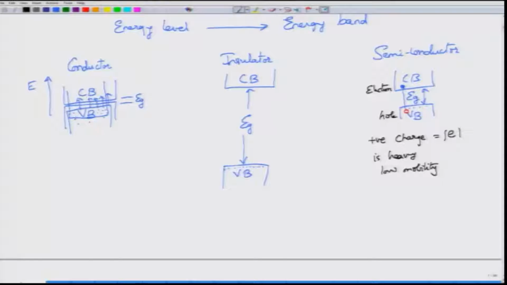So, for all practical purposes it behaves as a positively charged quantity. It is heavy, it has low mobility, and when you apply an electric field, it moves along the electric field. That is another characteristic of this, while electrons always move opposite to the electric field. So, if you apply an electric field along the x direction, the hole will move in the same direction, and the electron in the opposite direction.